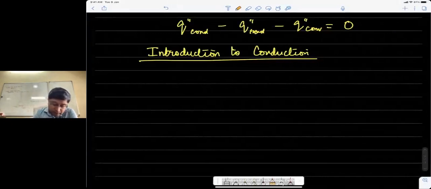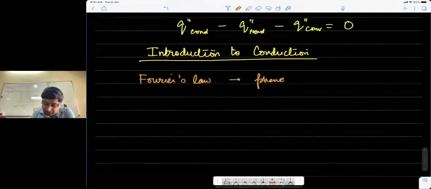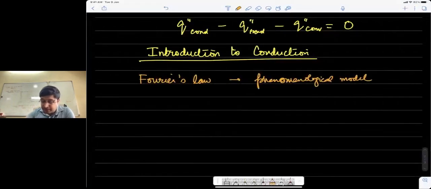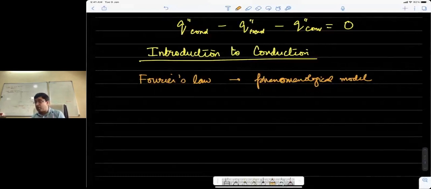And what I wrote in the earlier part was that conduction or rate of conduction is basically given by Fourier's law, which is actually a phenomenological model, which basically means that it is developed from what we observe. It's a law, but it is based on experimental evidence that this actually holds, and it applies to all states of matter.